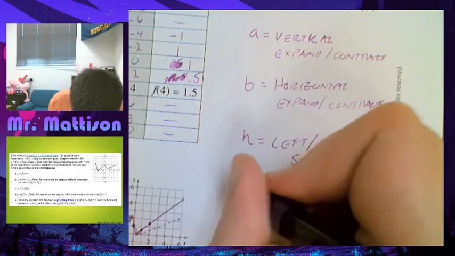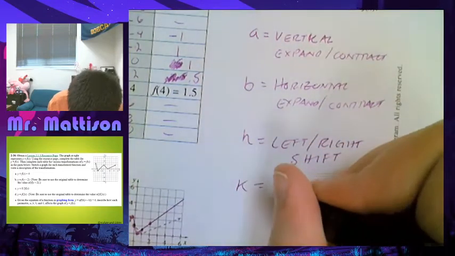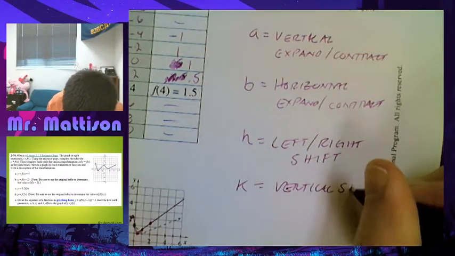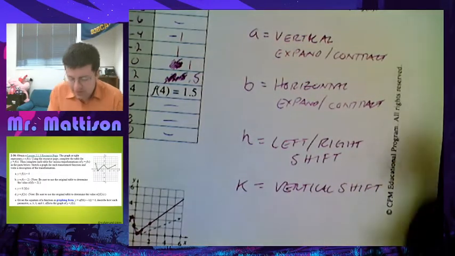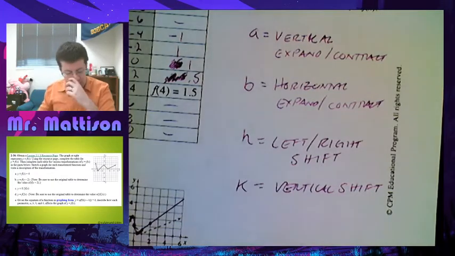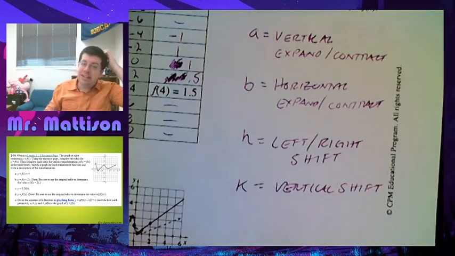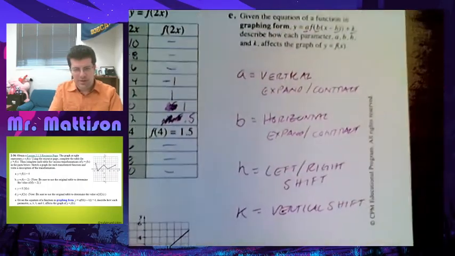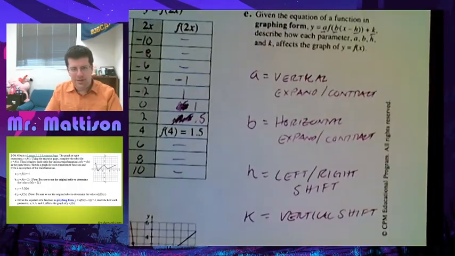And then K, that caused our vertical shift. So those are the 4 parts which we know. Now, I'm going to be a little bit more specific on all of these.